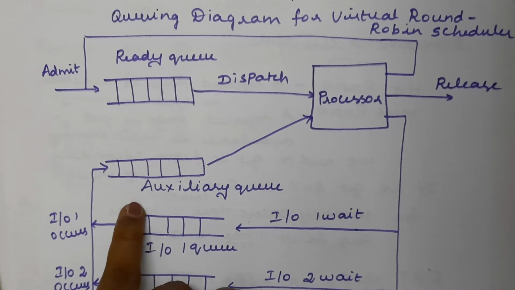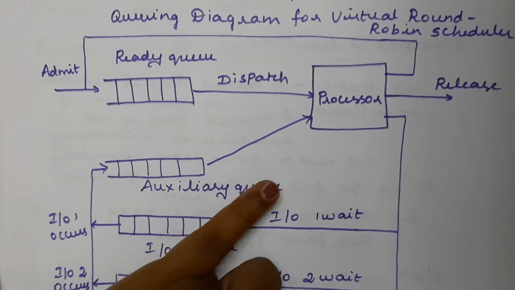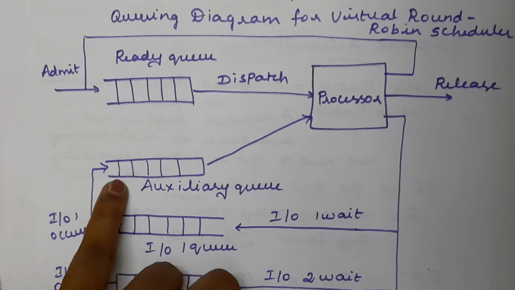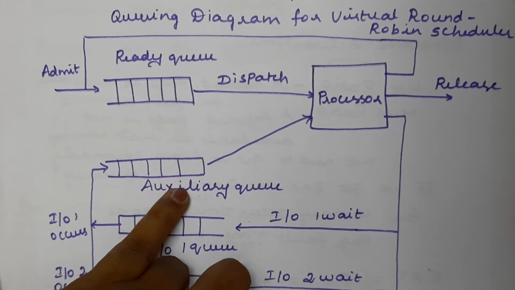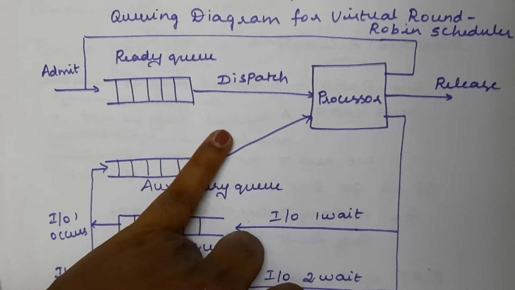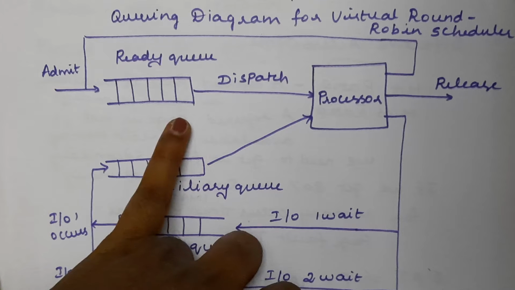So here we have another concept called the auxiliary queue. In addition to the ready queue, we maintain this auxiliary queue, and whichever process is preempted from the CPU, we keep in the auxiliary queue. Whenever scheduling takes place, a process may be taken from the auxiliary queue as well as the ready queue.